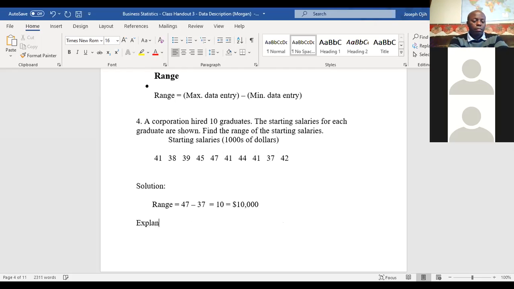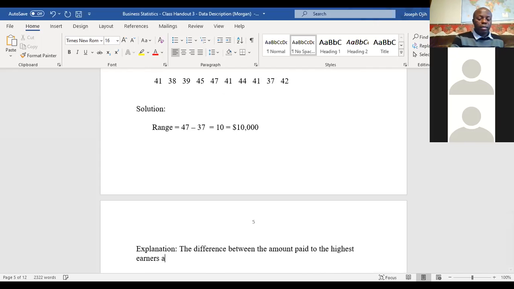Explanation: the difference in the amount paid to the highest earners and the lowest earners in the company or organization is $10,000.